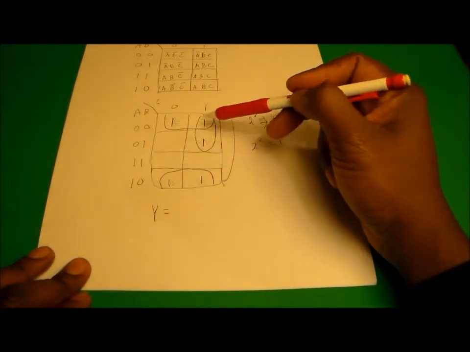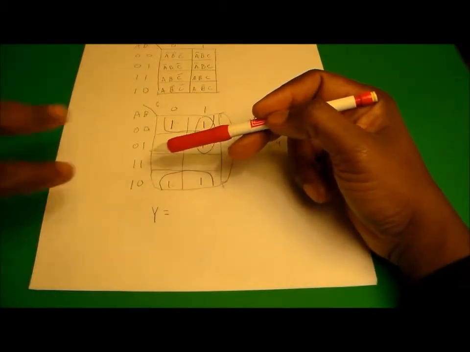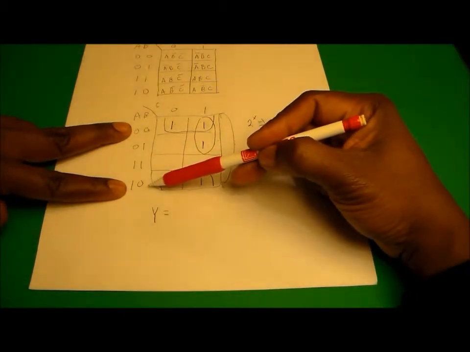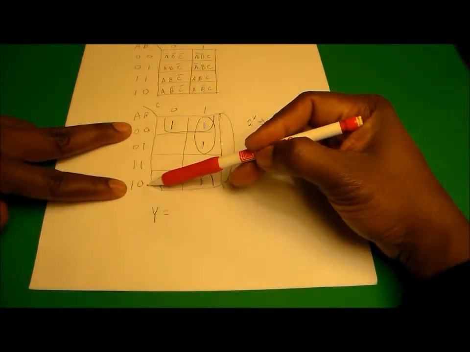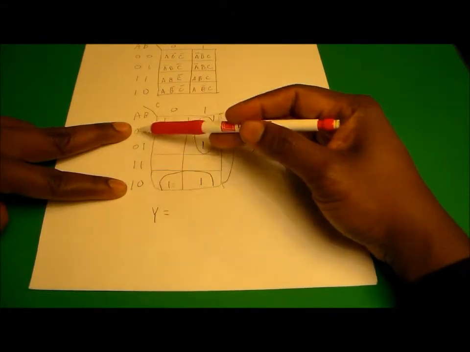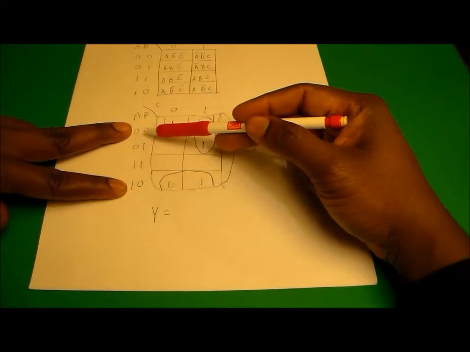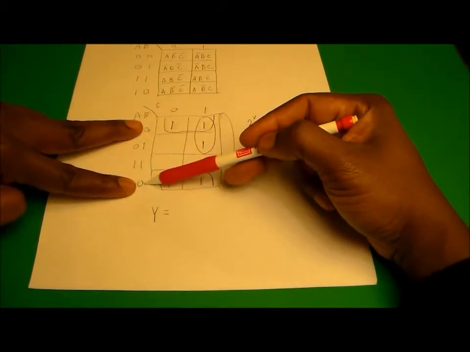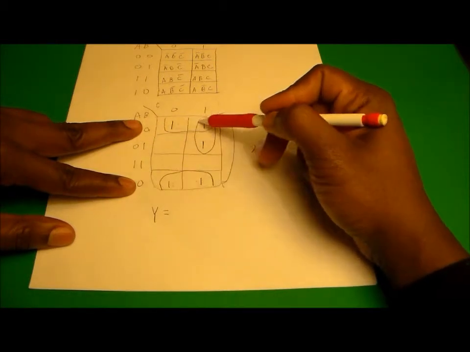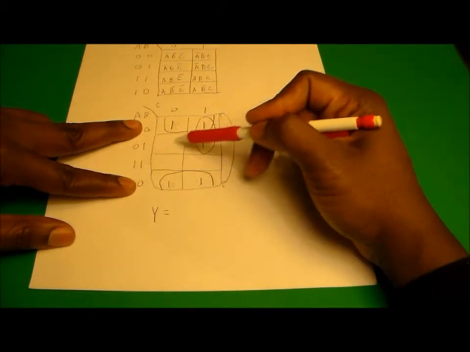And what we can say about here, we see that in terms of the top and bottom, the 1 in the A position and 0 in the A position, that means that they're different in these 2 rows. We have the 0 here and the 0 here for B, so that means B naught is common to all 4 ones that are in here.